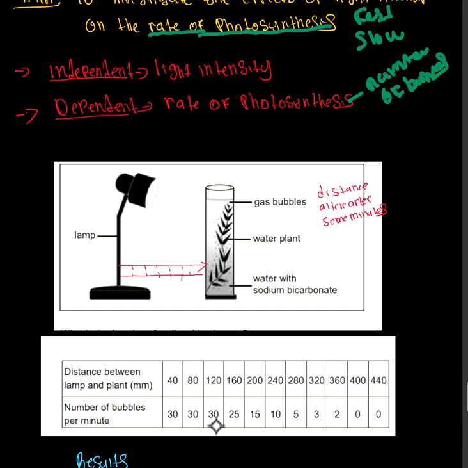Less bubbles means the rate of photosynthesis is very slow. A high number of bubbles means photosynthesis is occurring very fast, which means as we move away, the number of bubbles decreases. As light intensity decreases, the number of the bubbles decreases, which means the rate of the photosynthesis decreases.